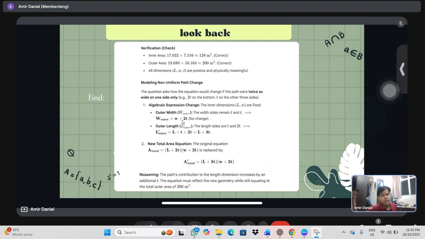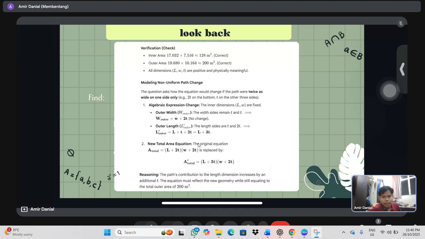So there is no change over there. And for the outer length L outer, the length sides are T and 2T. So L outer equal to L plus T plus 2T equal to L plus 3T, and there is a change.